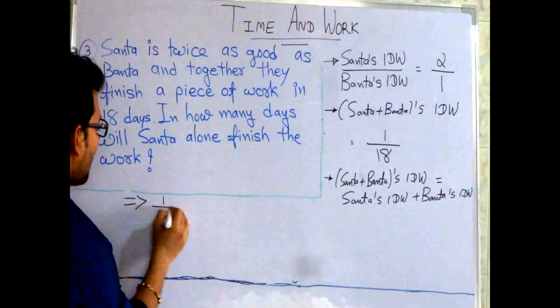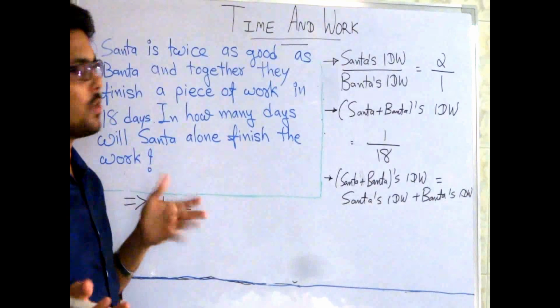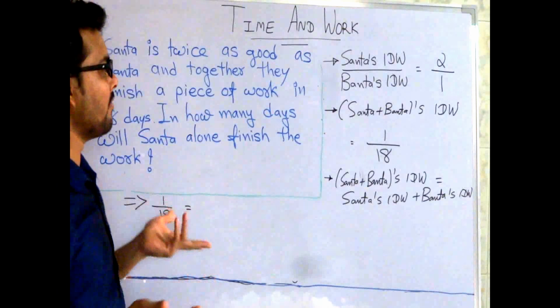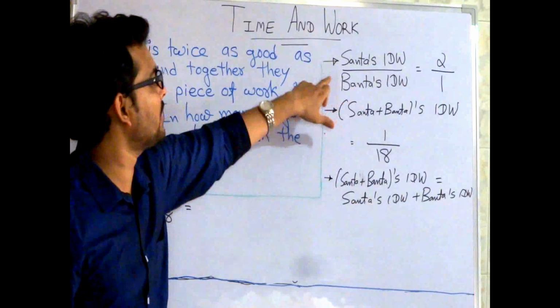So 1/18 is equal to Santa's 1 day work plus Banta's 1 day work. Santa's 1 day work we don't know. We have only this input and this input.